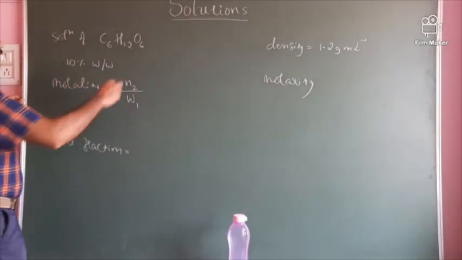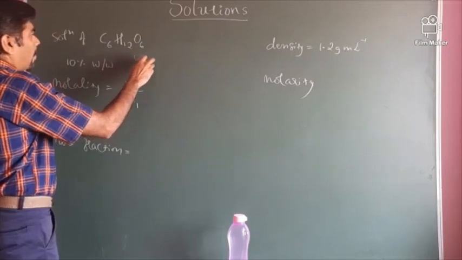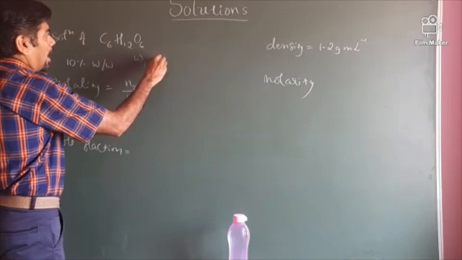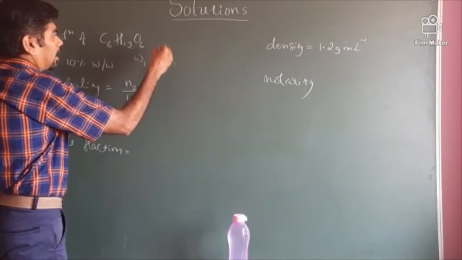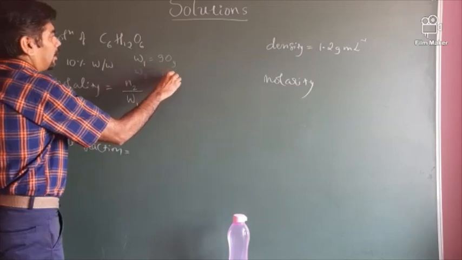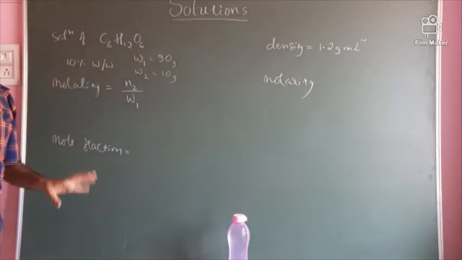You should have an idea how to get the data from the question. So we will consider the mass of solvent as 90 grams and the mass of solute as 10 grams, because very categorically they have mentioned that it is 10% weight by weight.